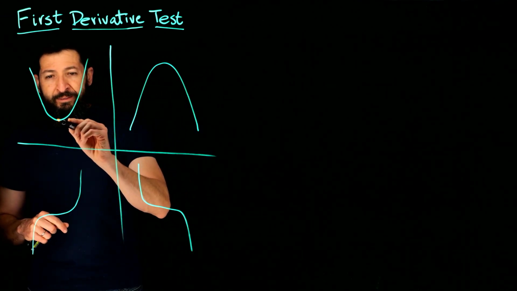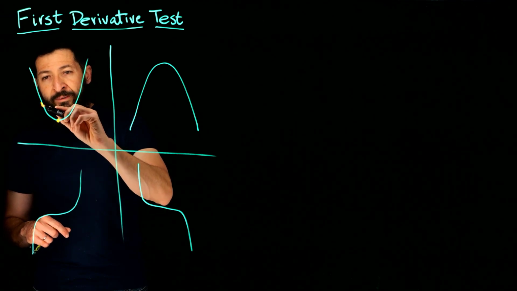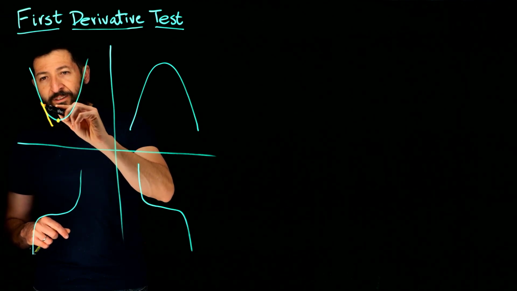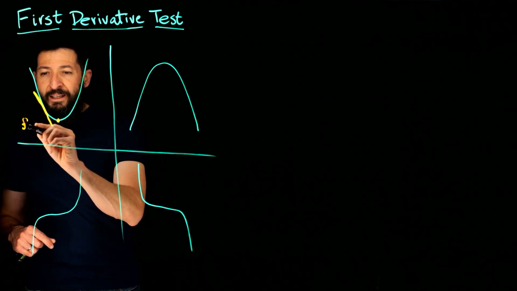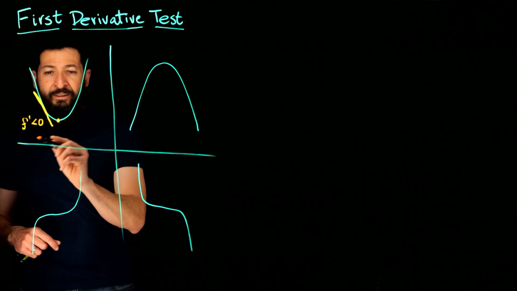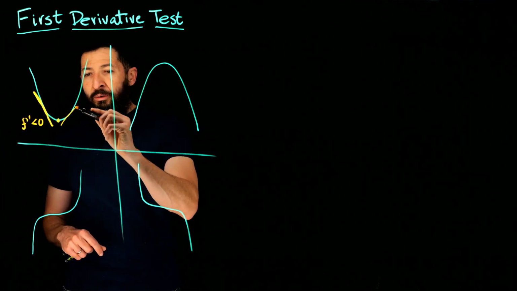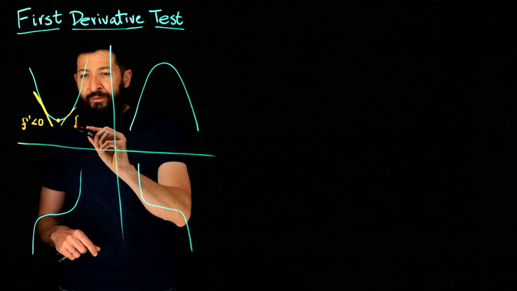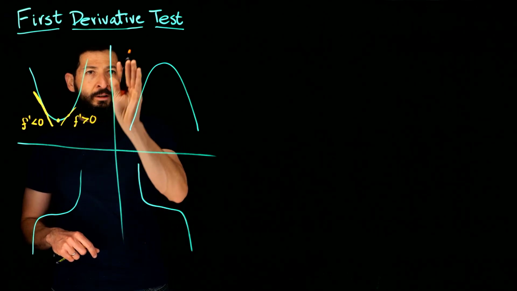So we know we have, it looks like from the graph, a critical number here, and the derivative, if you look at the slope of the tangent line on this side, is going to be negative on the left hand side of our critical number. But when we go to the right hand side, the derivative is going to be positive because the tangent line is going upwards.